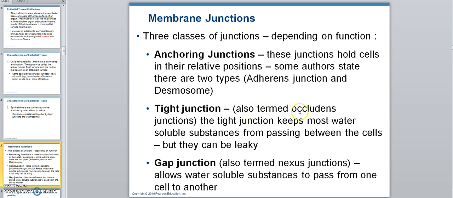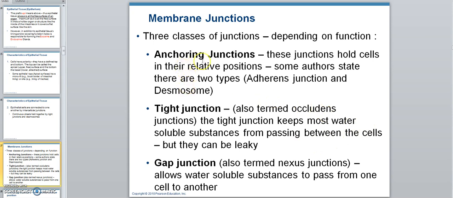But water can be held out, and water-soluble substances. That's the purpose of tight junctions. Gap junctions allow water-soluble substances to pass from cell A to cell B with little resistance, and we'll see. So these are the three major classes.